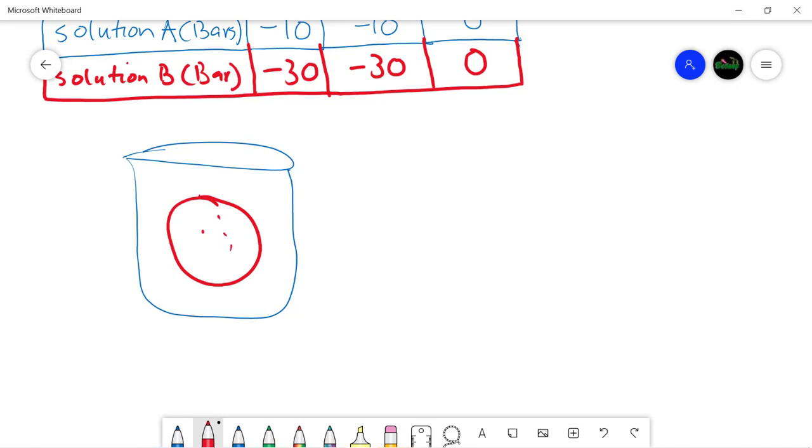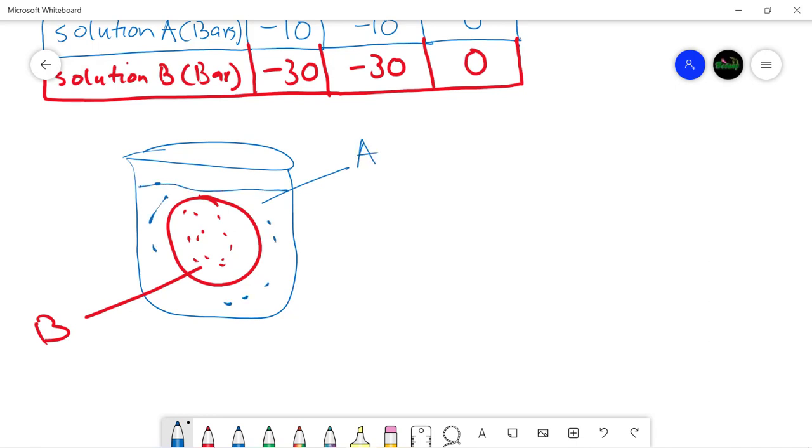Now what's happening is that water will enter from solution A to solution B. Now this is B and this is A, and this is its solution level. Water from solution A will enter into solution B because solution A has a water potential of minus 10 bars, and B has minus 30 bars.